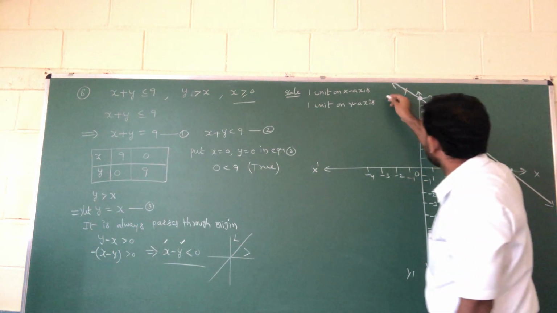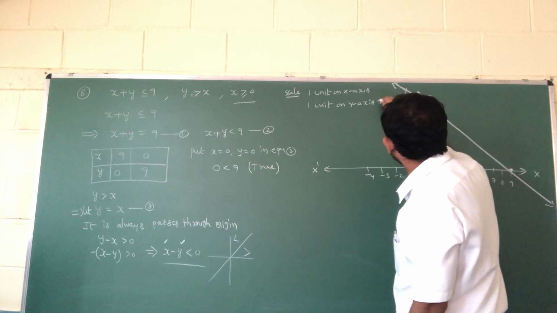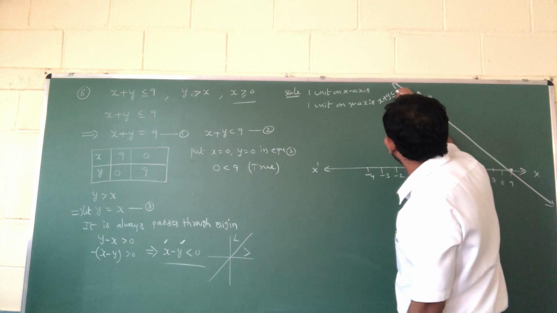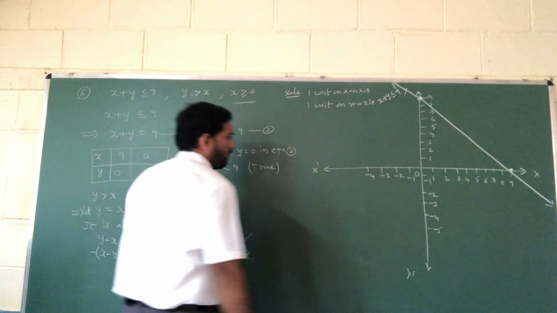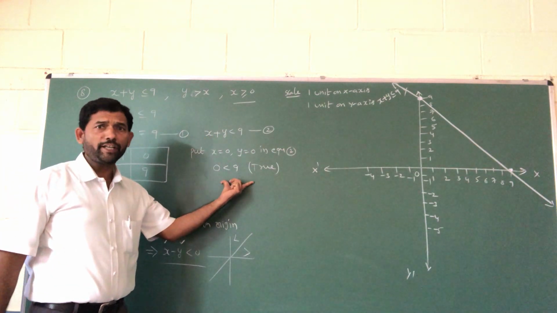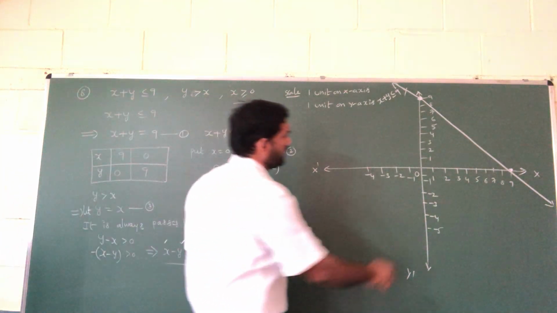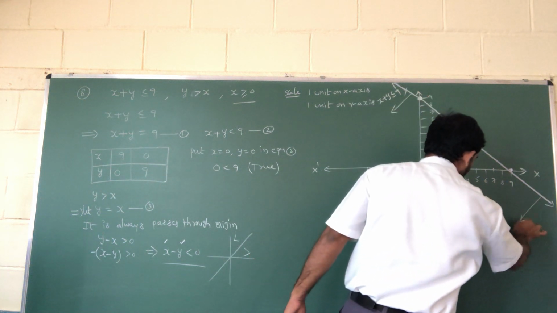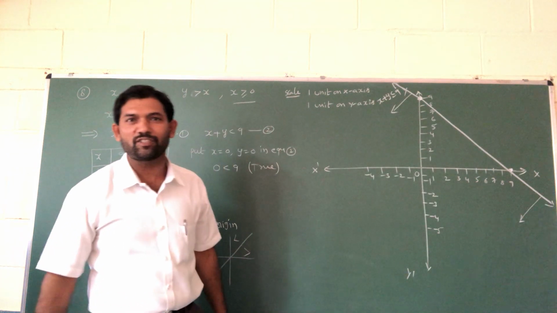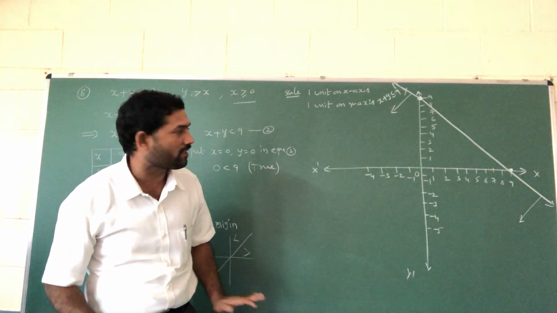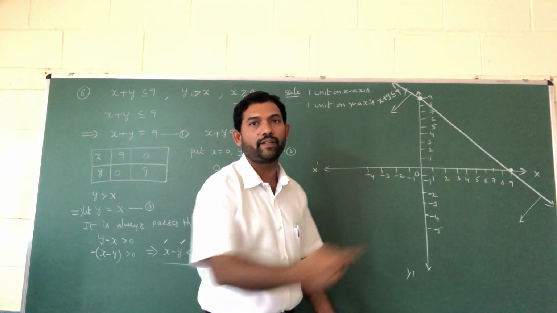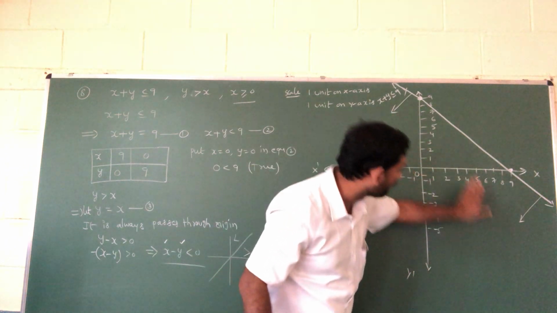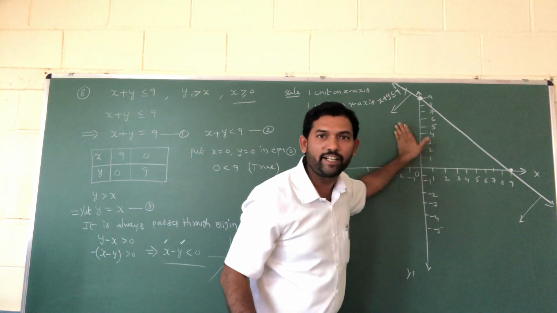Now this name also you write: x plus y less than or equal to 9. Next, is it true or false? It is true, so you have to shade this side. So this side just you keep like that. Means what you understand? Our solution for this line is present here.